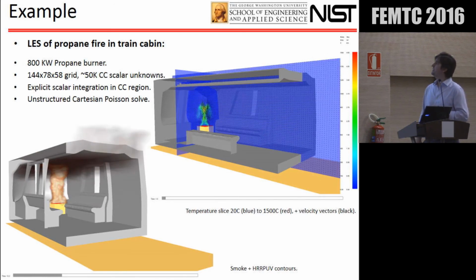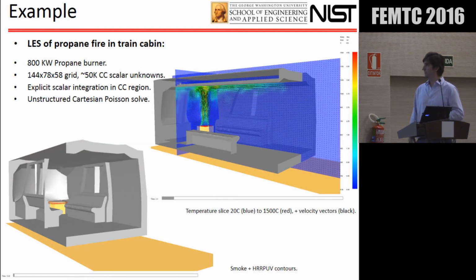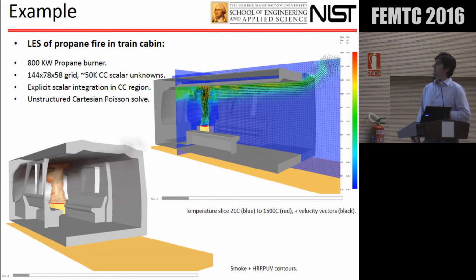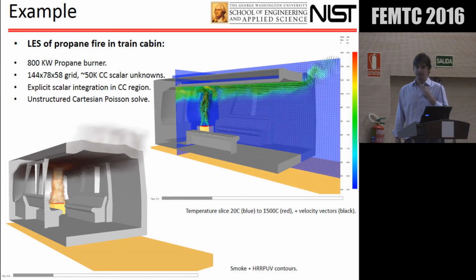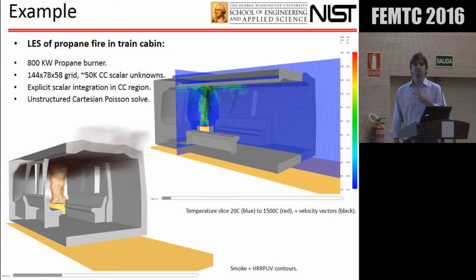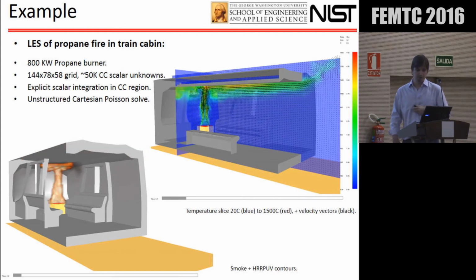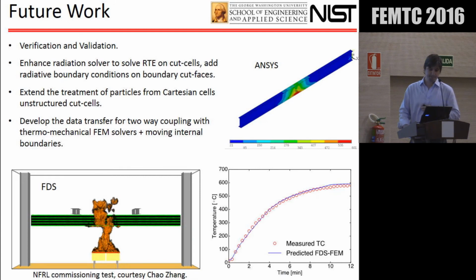And we can basically see the flow, and we can see smoke and HRR distributions in time for this. As you can see, this is also on our side with SmokeView. We are also putting together the tools in order to do the visualization, taking into account these geometries.